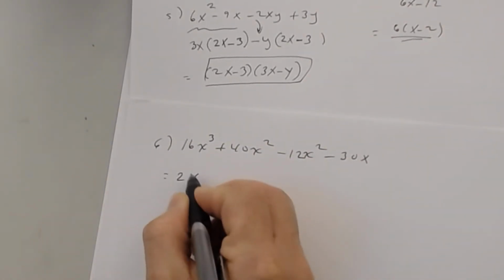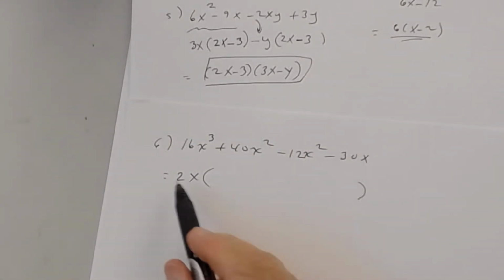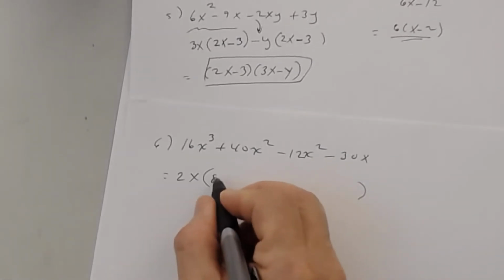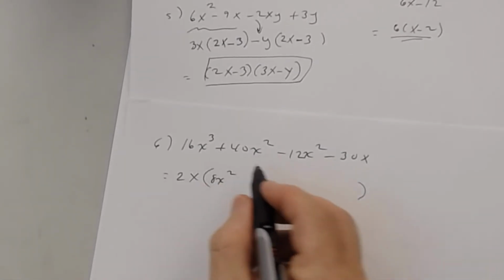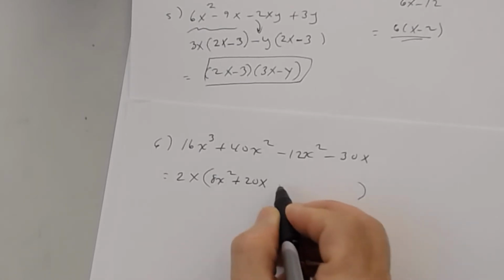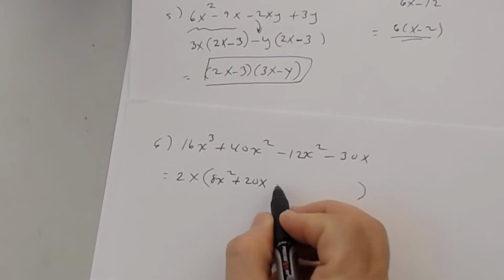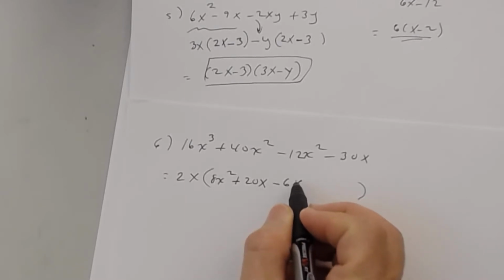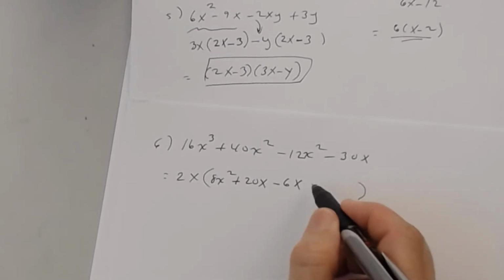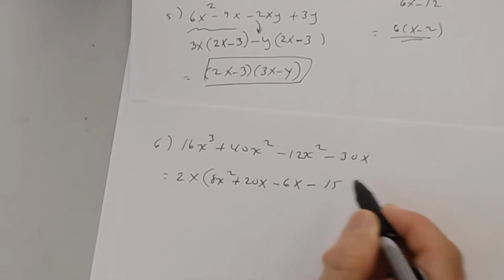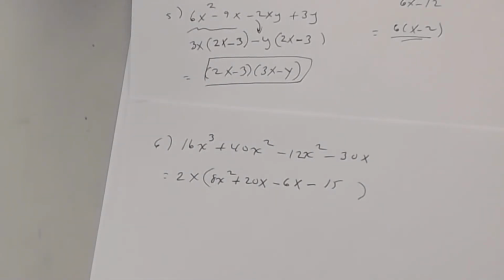So you can say 2x times, all right, 2x times what is 16x cubed? 8x squared. 2x times what's 40x squared? 20x. Plus 20x. And then 2x times what's a negative 12x squared? Negative 6x. And then minus 15. That 8 would be a square.